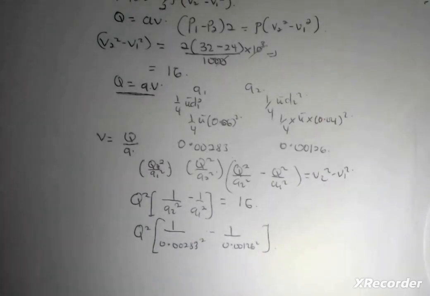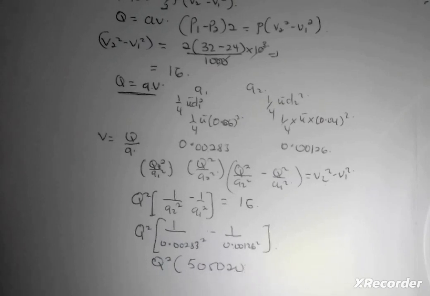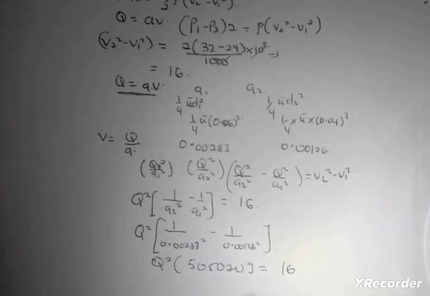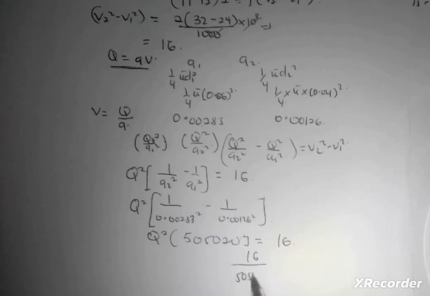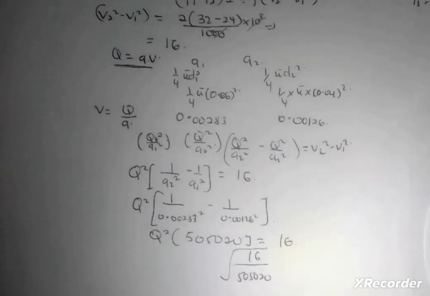So once I have this, I'm getting Q squared, then 5.05020, because the diameter was very small, that is why it has affected this. When I get this, it should give me 16. So I divide through: 16 over 505020. Then I take the square root of that to give me my Q.